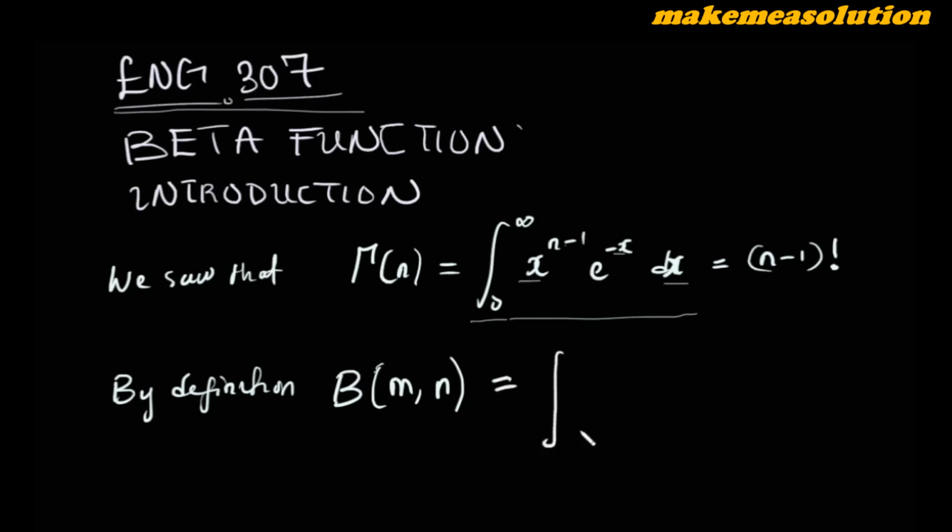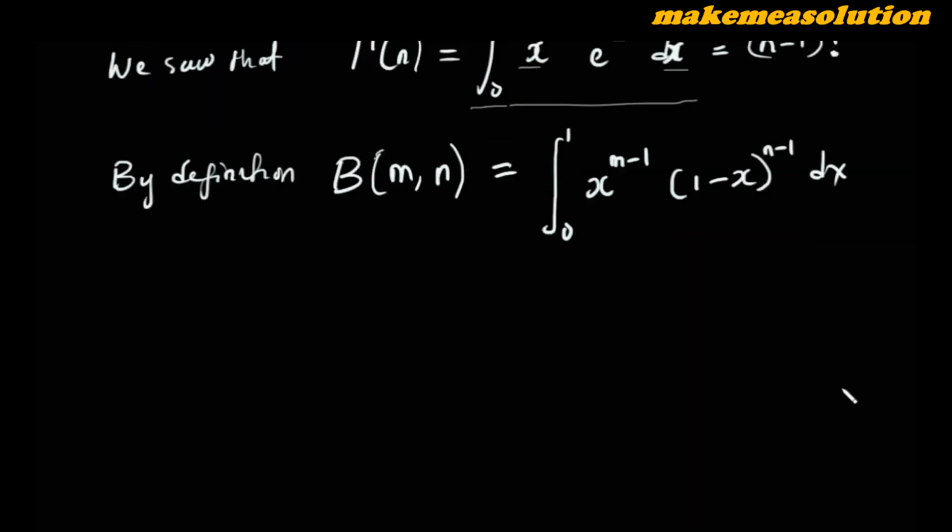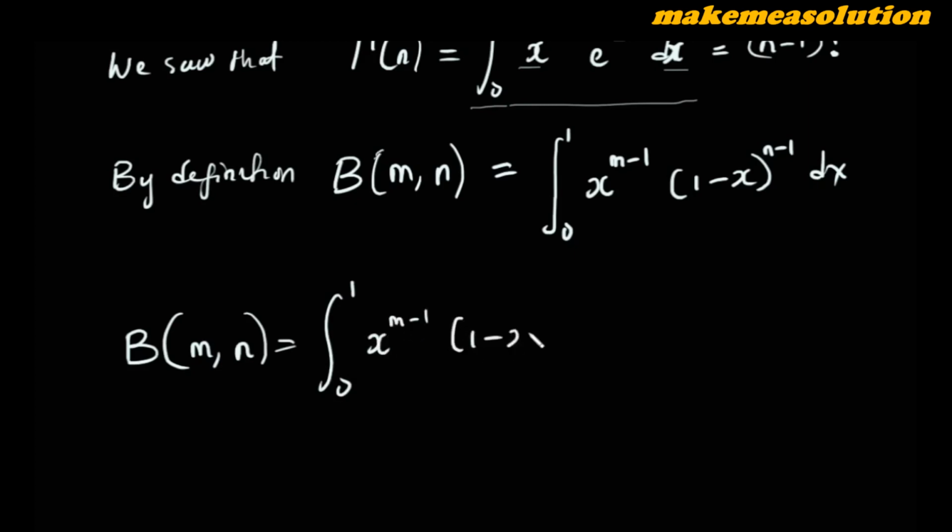You have an integration from 0 to 1, then you now have x to the m minus 1 and 1 minus x raised to the power of n minus 1, dx. So this is the definition of your beta function, and this is just what you need to know about beta functions. So beta of m, n is the integral from 0 to 1 of x to the m minus 1 and 1 minus x to the n minus 1, dx.